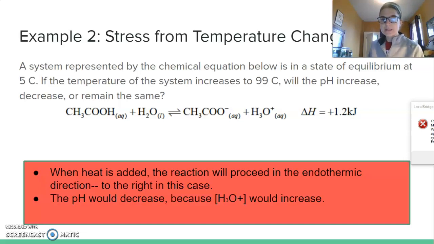So you can see this through a color change, but you could also just measure the pH based on that prediction. So temperature can also change the pH of the system if hydronium ions or OH particles are part of the system.